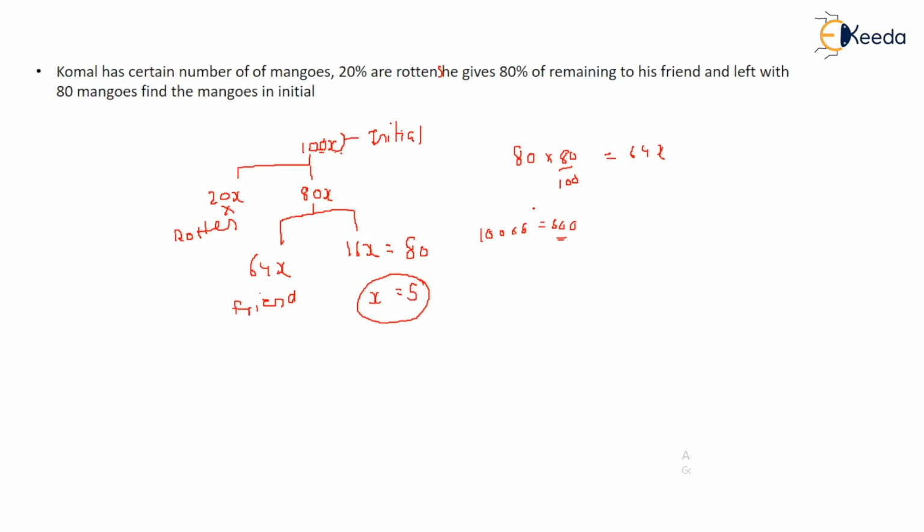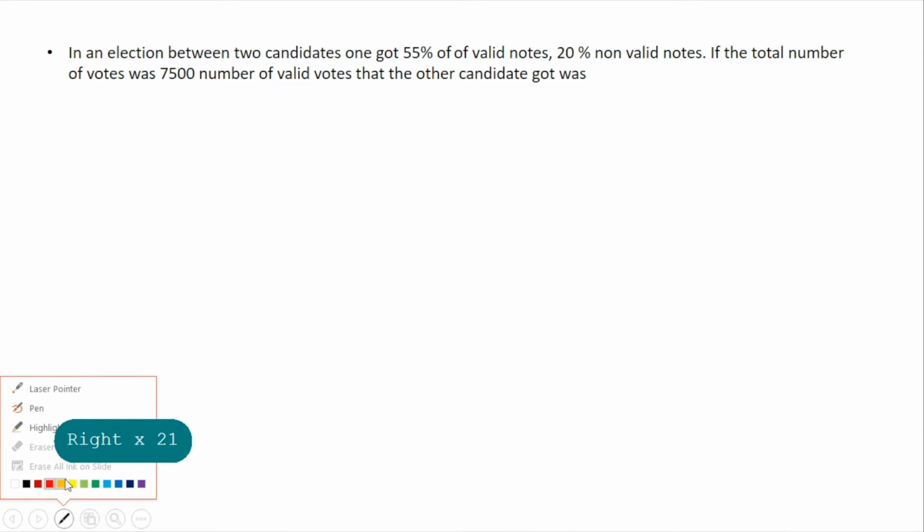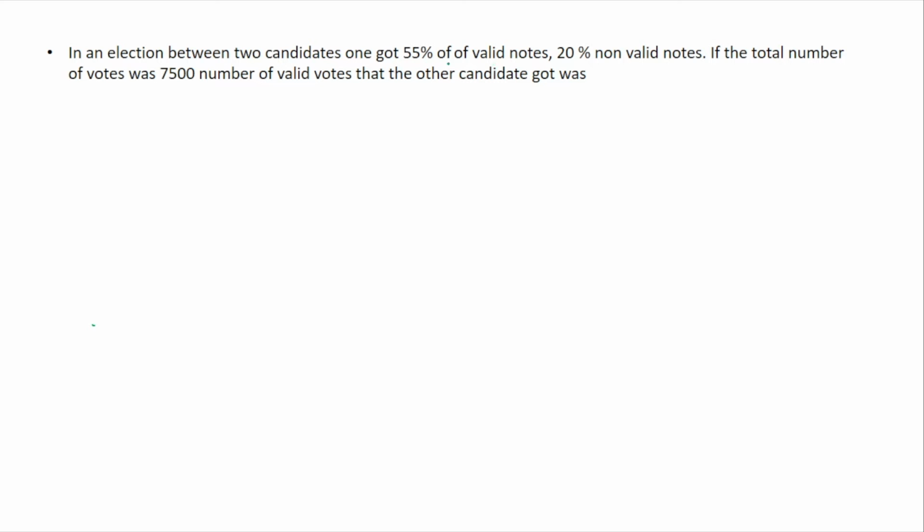Next question. Okay, so here is another question that we have. In an election between two candidates, one gets 55% of valid votes and 20% votes are invalid. If the total number of votes is 7500, the number of valid votes that the other candidate got was.